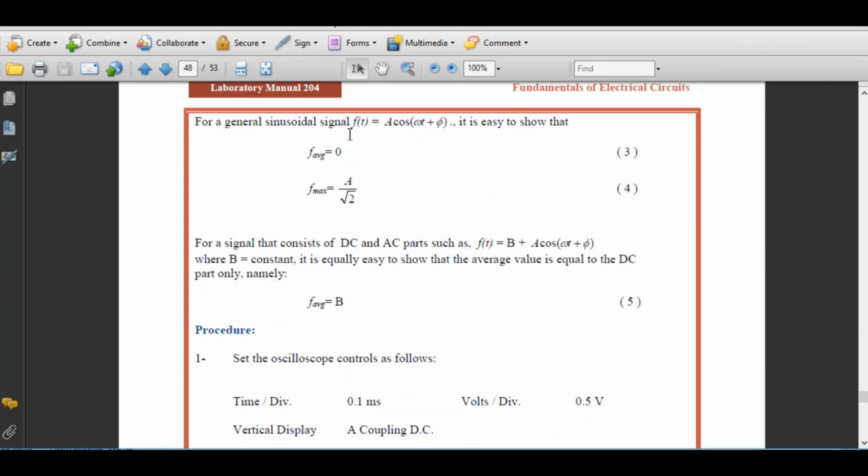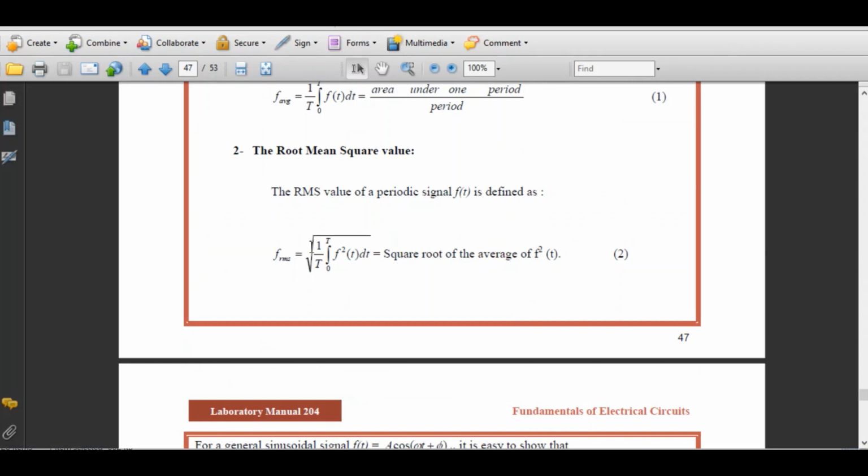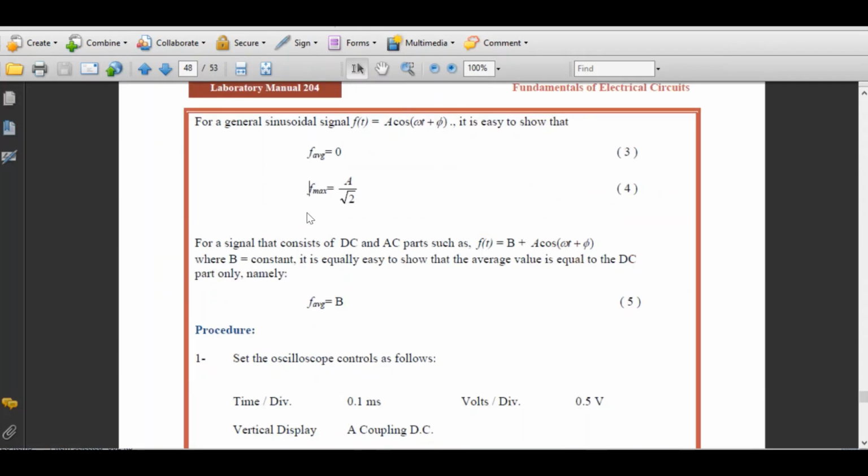In general, for the sinusoidal A cos(omega t plus phi), the average value will be 0, whereas the RMS value, not the maximum, is the amplitude or peak value divided by the square root of 2.